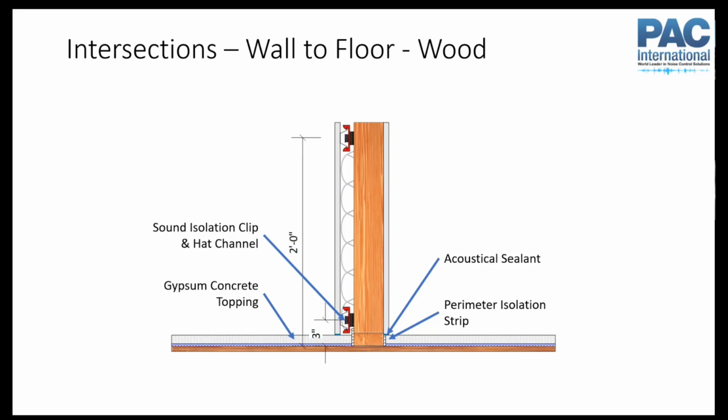I don't think I have one that I could just bring up right now, but basically you run your drywall down. You want to make sure that you seal the drywall, so you use acoustical sealant, and often these are fire rated ones too, so a fire rated and acoustical sealant.